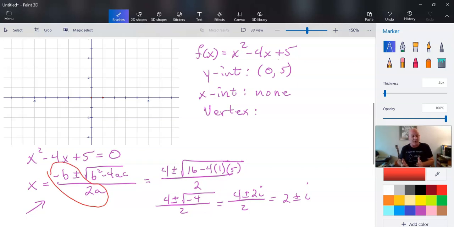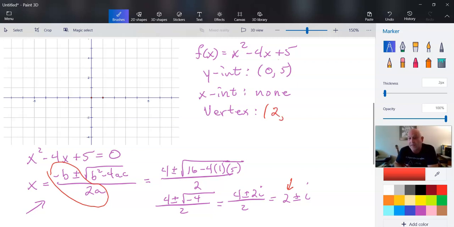Everything except the square root part of it is actually the formula for the vertex. Right? So that means that the first part of your quadratic formula, that piece, is the x-coordinate of your vertex. So we found that now.